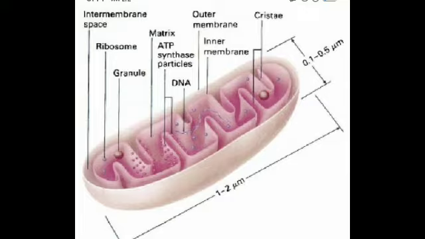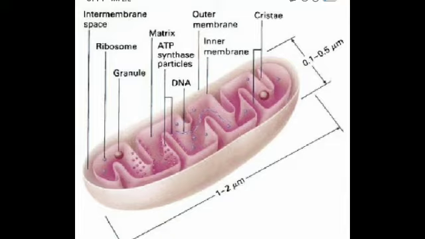The next topic, mitochondria. Mitochondria are filamentous or granular cytoplasmic organelles present in cells. The mitochondria were first discovered by Kolliker in 1857 as granular structures in muscles. Mitochondria, singular means mitochondrion.